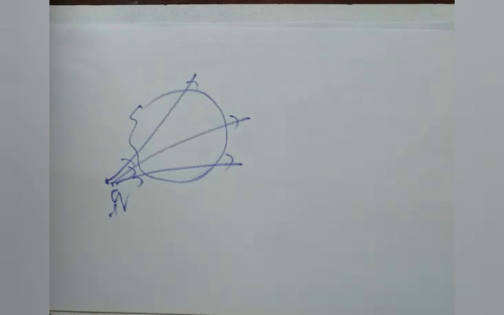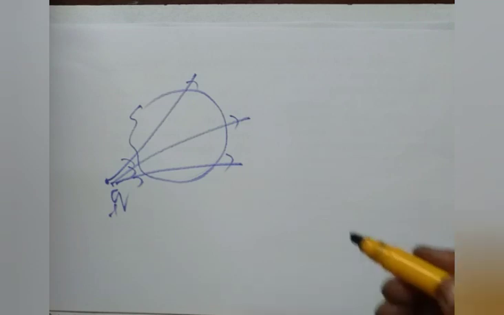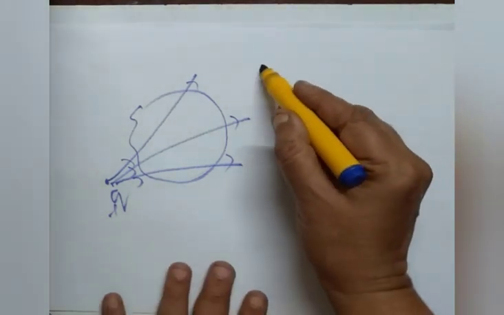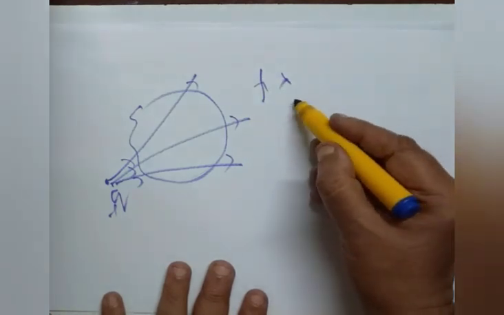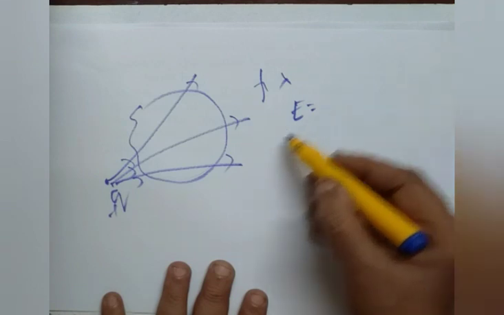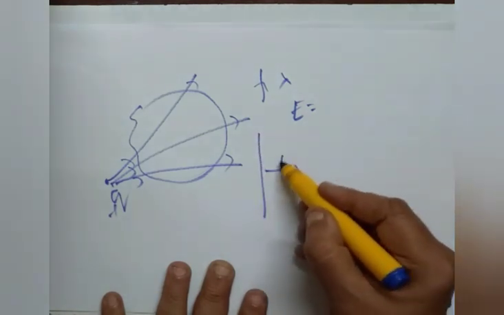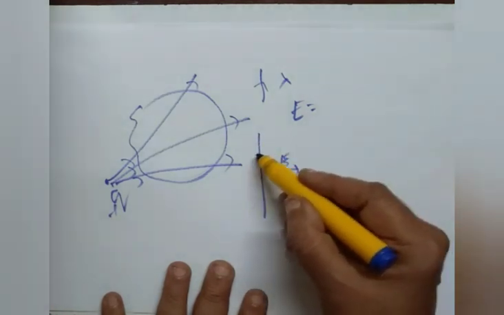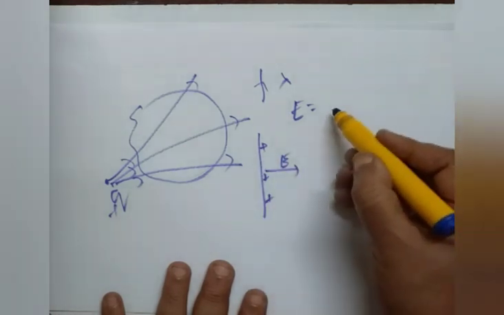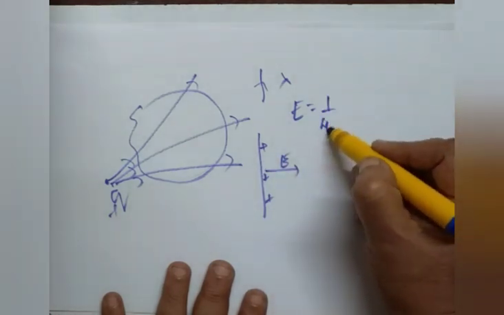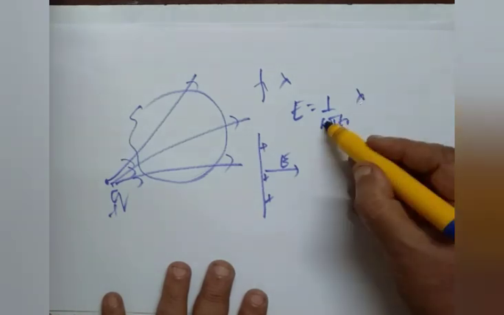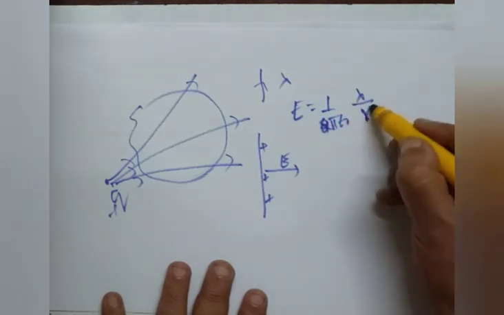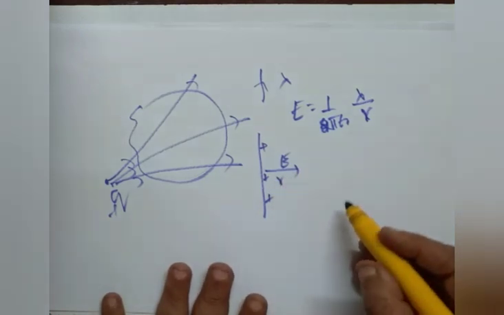By using this, one can calculate the electric field intensity. As you know, for a line of charge with charge density lambda, the electric field at any point is normal to the line of charge, and its value is 1 by 2 pi epsilon naught lambda by r, where r is the distance from that point.